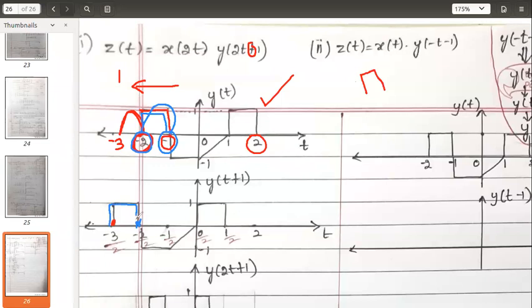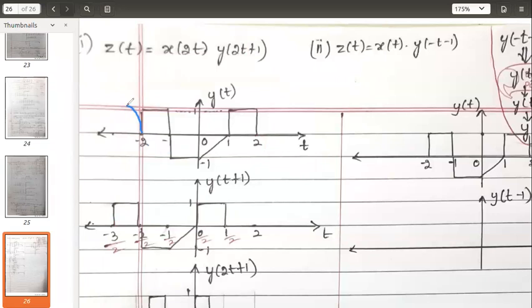Let me draw that pulse here. This is one shift, shifting of these 2 points I have shown you. First I started with this point, shifted by one amount. Then I started with this point, shifted by one amount. So these two are the new points, -3 and -2.